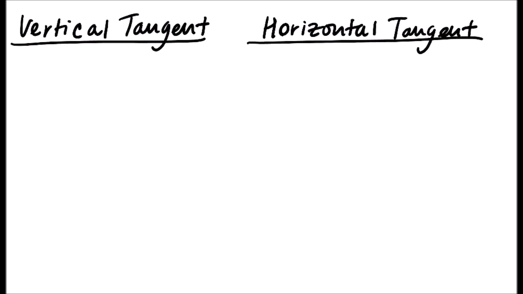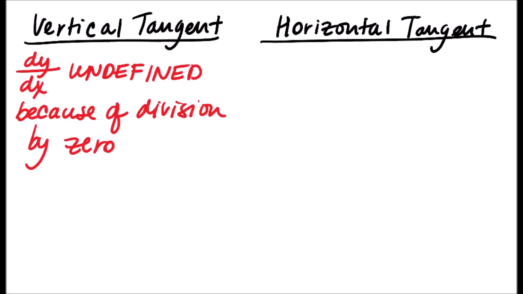Next I want to talk about times where a parametric curve could have a vertical or a horizontal tangent. We remember from earlier in the year, mainly when we were doing implicit differentiation, that a vertical tangent happens when dy dx is undefined, specifically because of division by 0. Knowing that dy dx is y prime divided by x prime, that would mean this will happen when x prime of t is equal to 0.